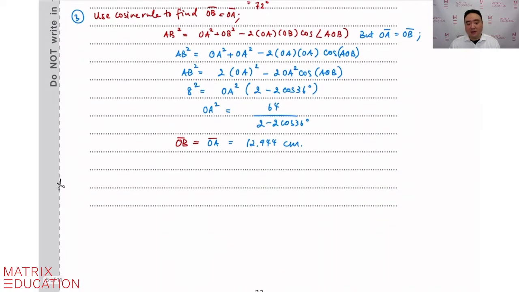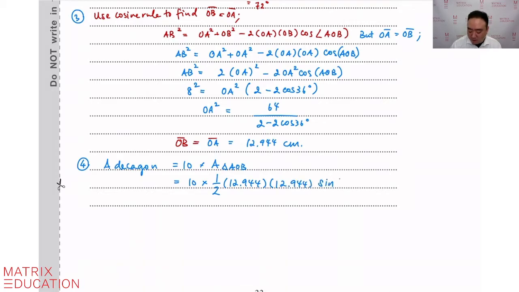Now, that's the third part. The fourth part of this question is to find the area of the entire decagon. So the area of the decagon is 10 times the area of triangle AOB, which is 10 times half times OA, which is 12.944, times OB, which is 12.944, times sine of 36 degrees.